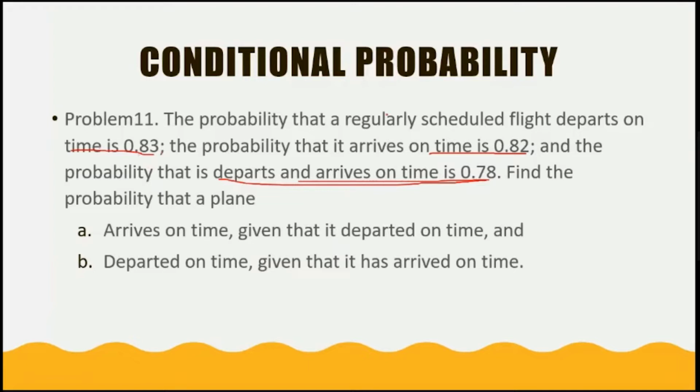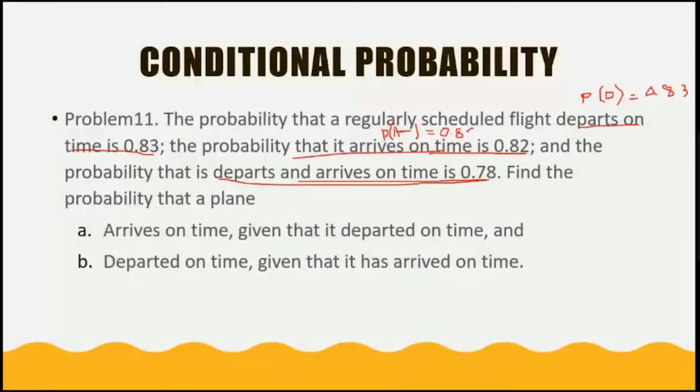Let's denote that the flight departs on time as event D. Then the flight arrives on time is event A, for arrive. So the probability of D is 0.83 and the probability of A is 0.82.